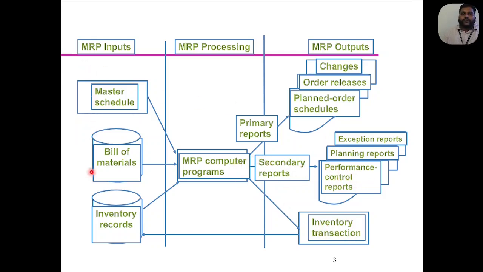So once all these data are given, the program takes the primary reports into account, and our planned order is done, followed by any exceptions, then finally the transaction is done. So everything is done over here itself. This is an overall layout of how an MRP works.